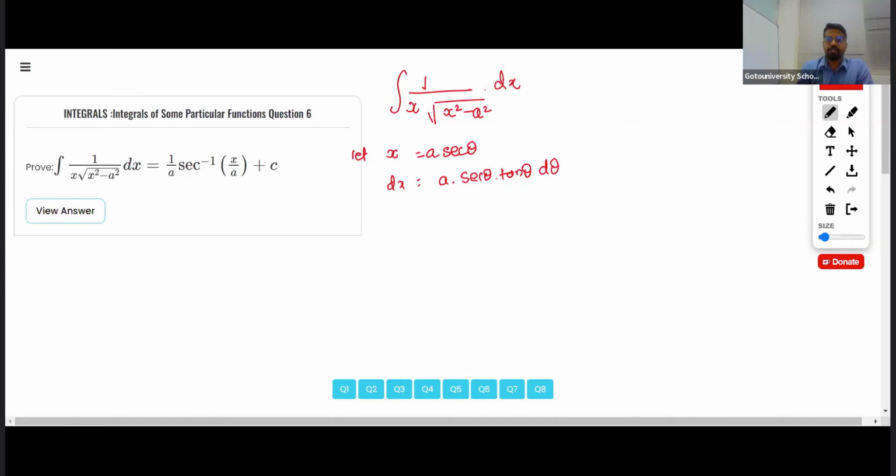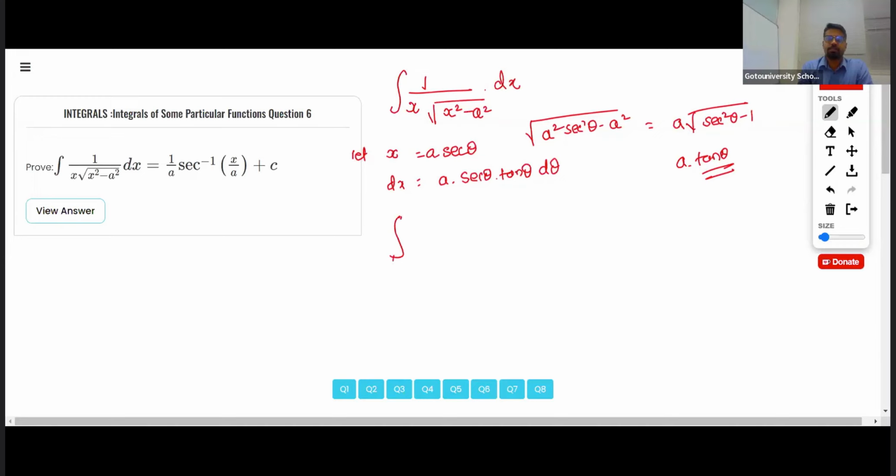Now in the denominator, there is a root of x square minus a square, which is a square secant square theta minus a square. This is why I took a secant theta. If I take a square outside, what I get is secant square theta minus 1. Am I right? Yes. So what is secant square theta minus 1? Secant square theta minus tan square theta is equal to 1, so this is actually a square tan square theta. In the root of that, it is a tan theta. So what happens to our problem now?